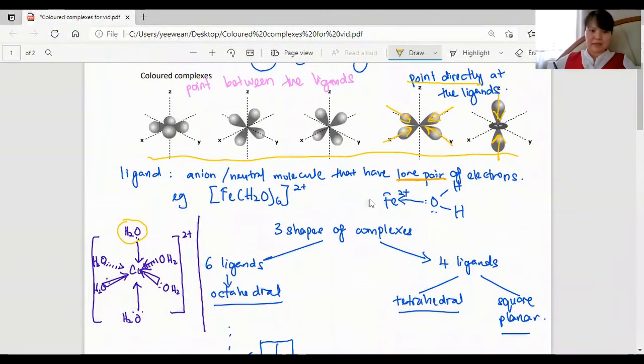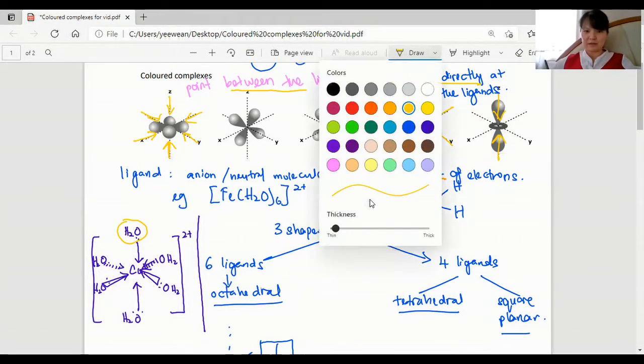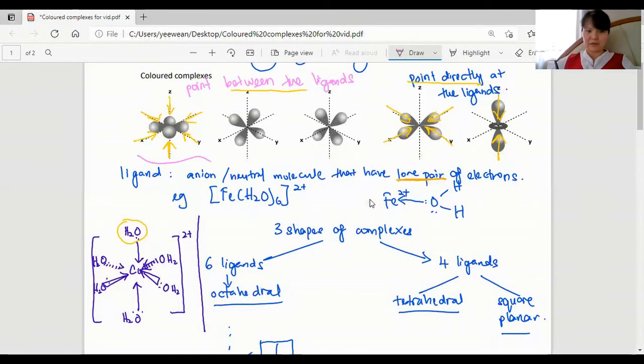We know that the ligands come in here, 2, 3, 4, 5, 6. Do you see that the orbitals here are in between the axes? So they don't point directly at the ligands. They're in between where the ligands are approaching. So although there is some repulsion, the repulsion is less, and they are lower in energy compared to the 2 just now.